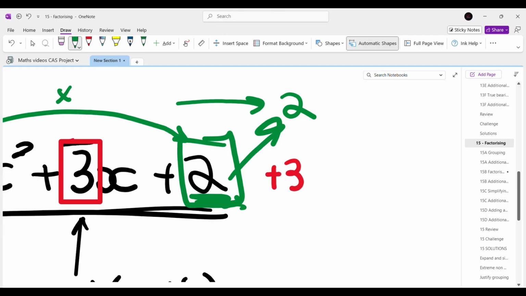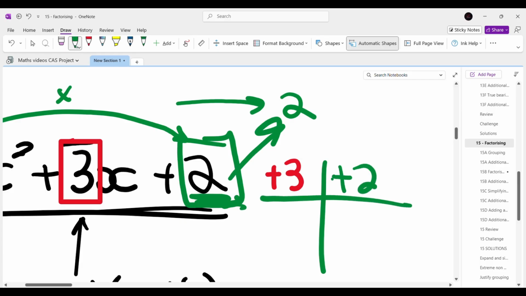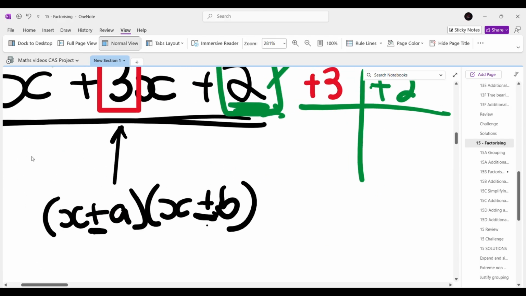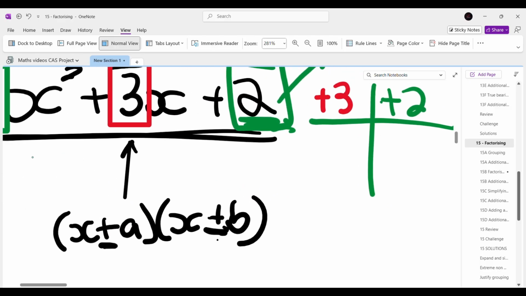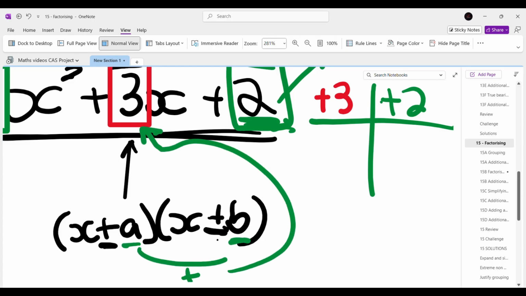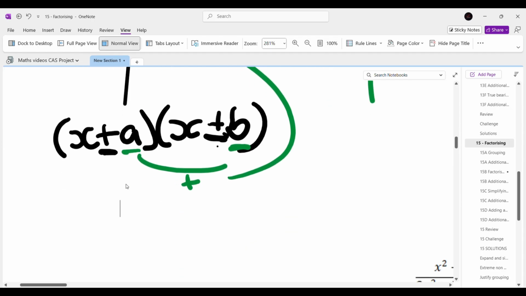Because basically what this a and b value means is that when you add a plus b, you get your 3 value right in the middle. Let me show you what I mean.